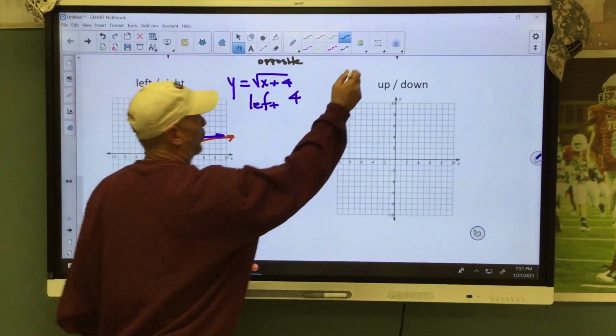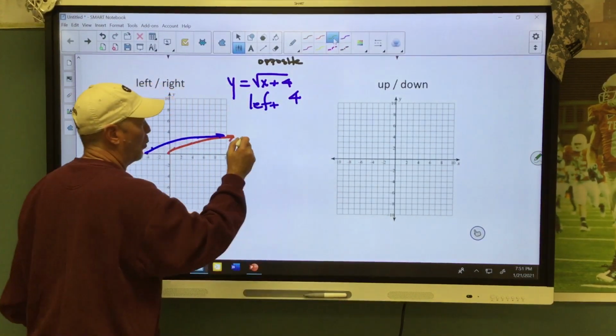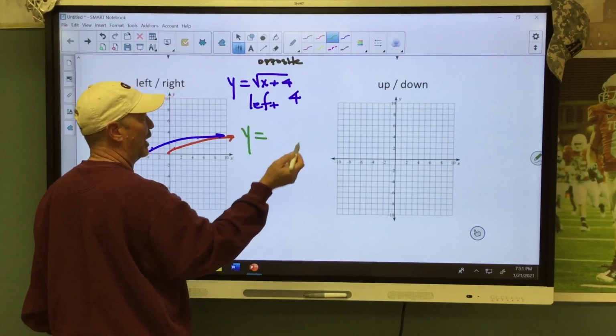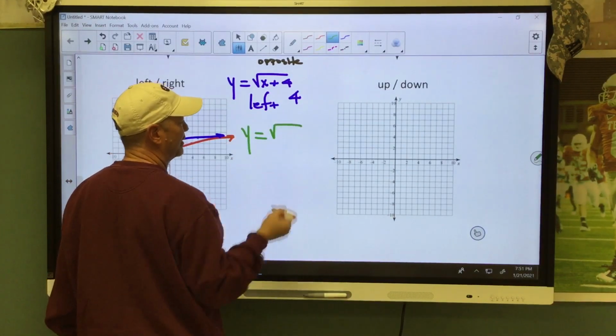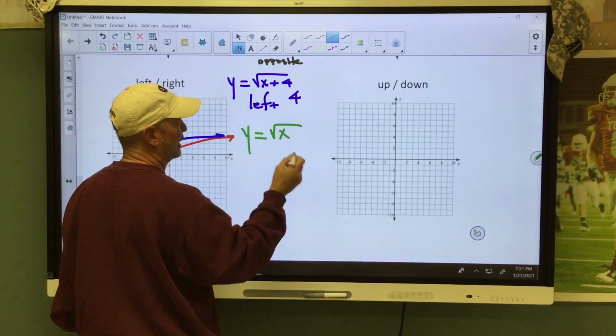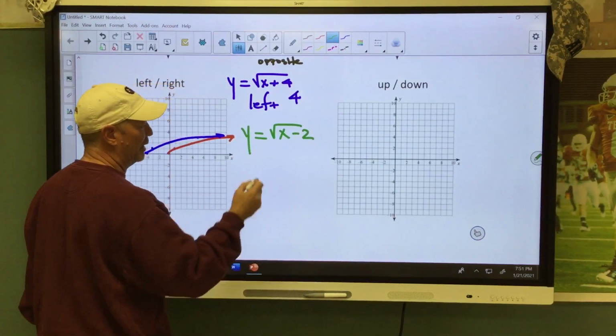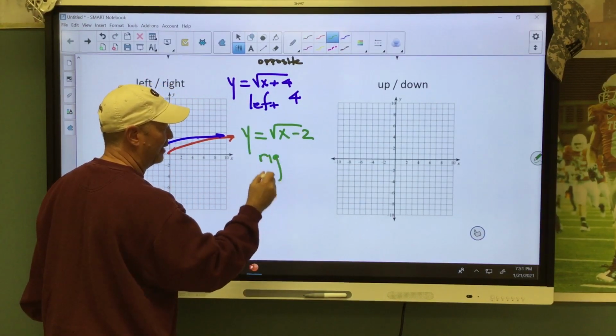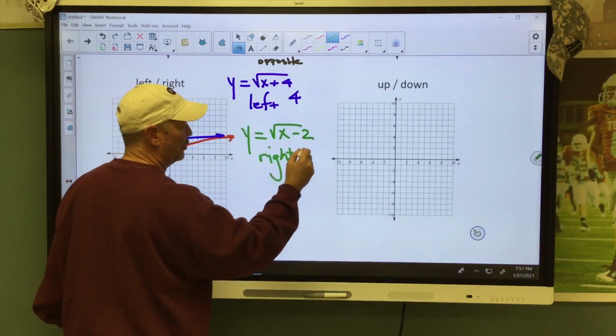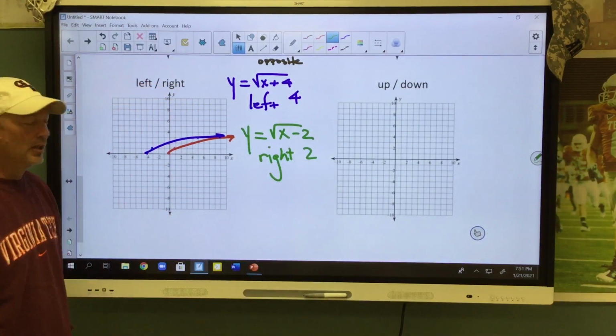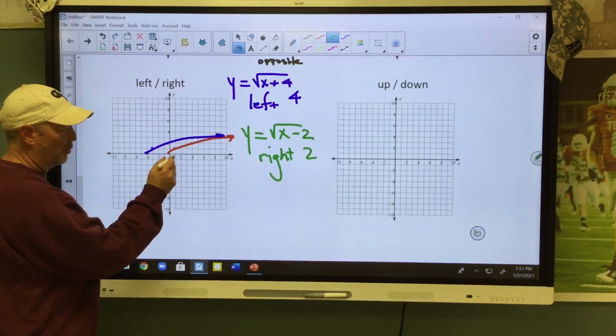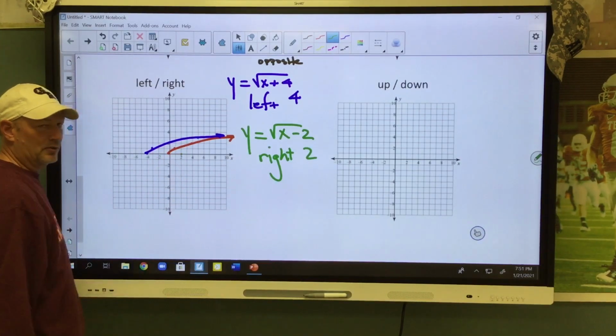If we're going to shift to the right, y equals, let's try this, the square root of x minus 2. This would be to the right 2 units. So instead of starting at 0, 0, the origin, we're going to shift to the right 2 units.